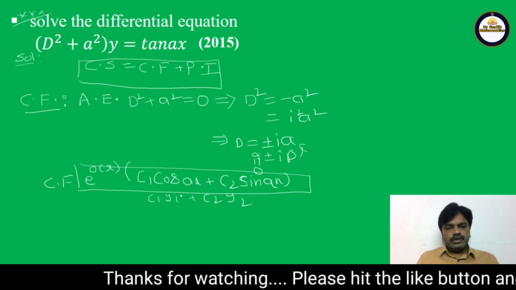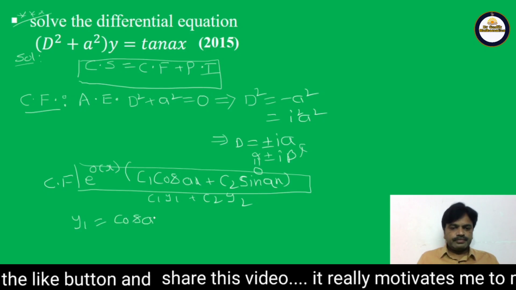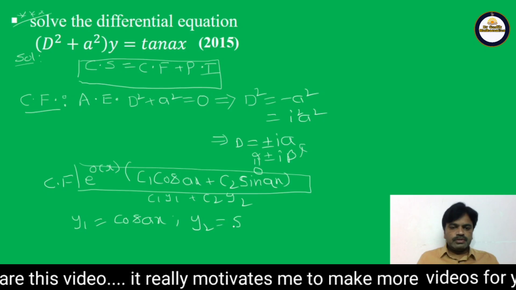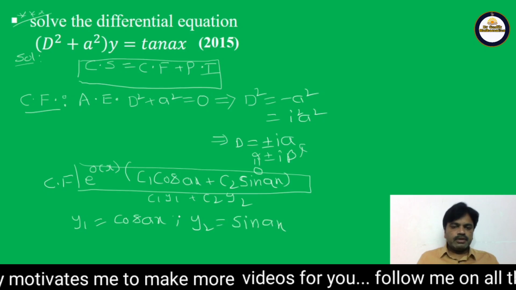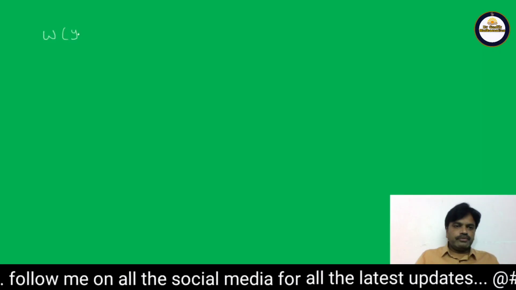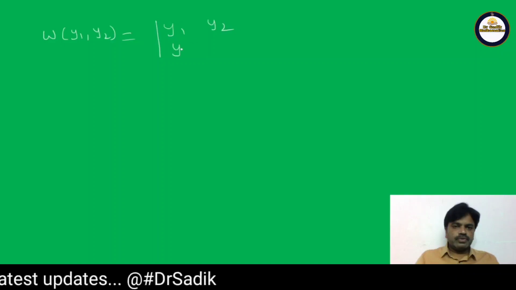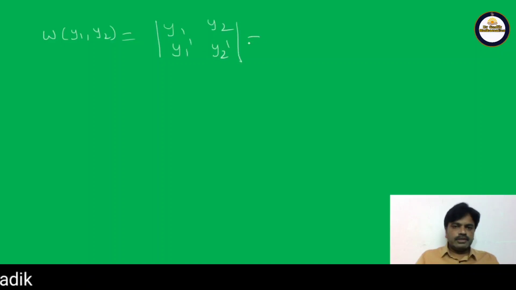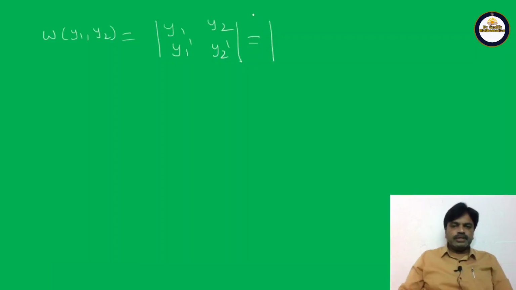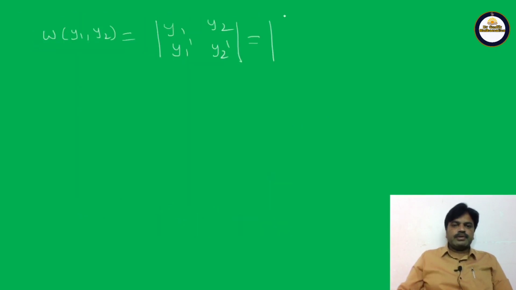So what is y1 here? y1 is cos ax, and y2 is sin ax. You first find the Wronskian of y1 y2, friends. The Wronskian is the determinant of y1 y2, y1 dash y2 dash, that is the determinant with y1 as cos ax and y2 as sin ax.